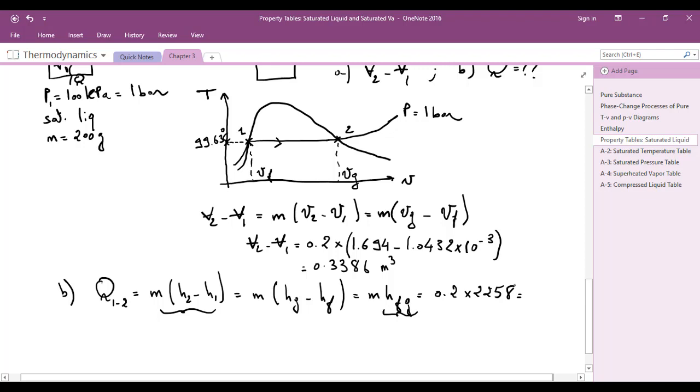So 0.2 times 2258 is equal to 451.6 kilojoule. That's the total amount of energy needed to convert 200 grams of water at a pressure of 1 bar from saturated liquid to saturated vapor.